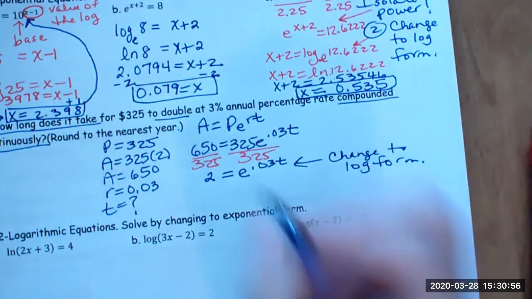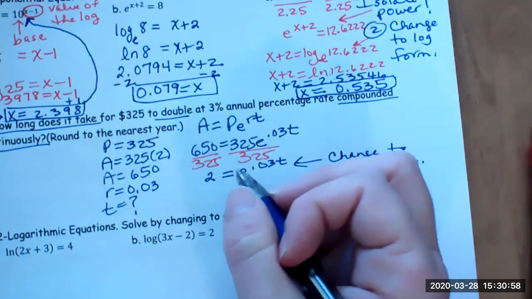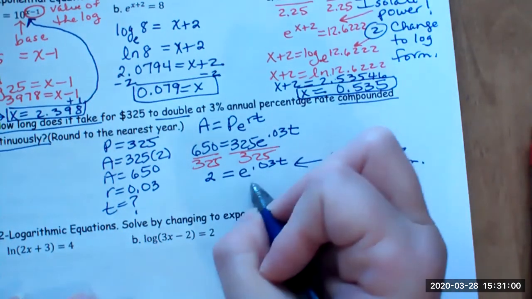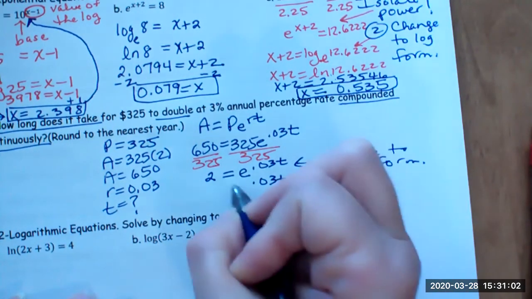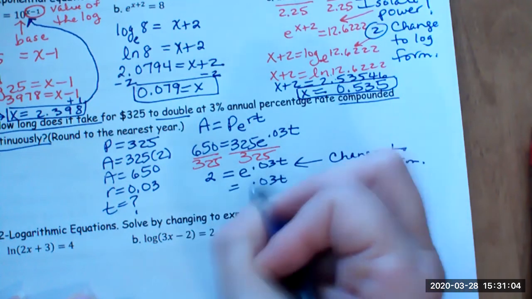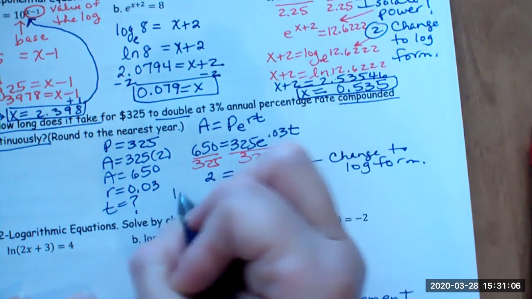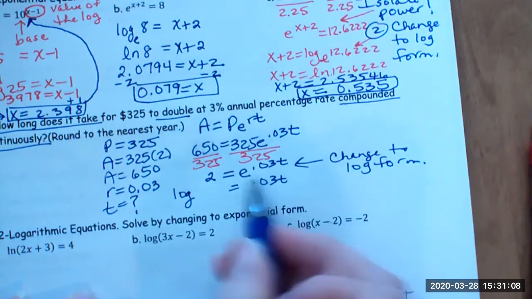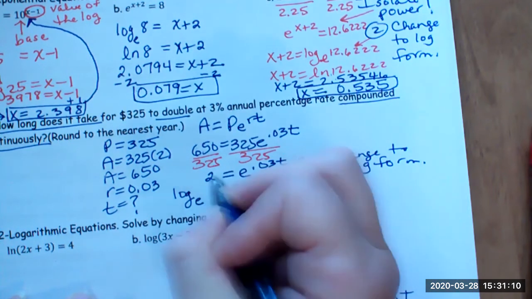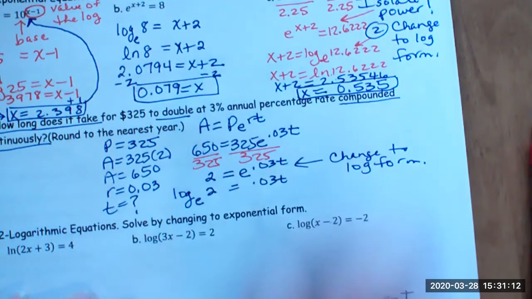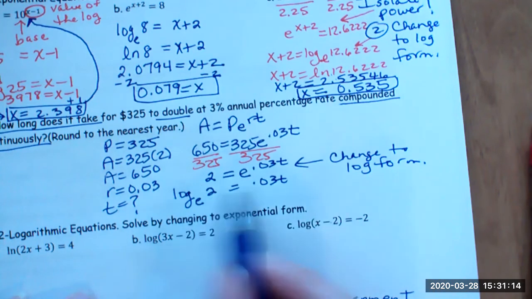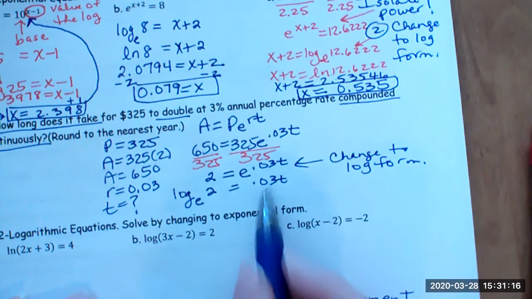I can write 0.03t, to isolate that exponent, equal to log. The base is e, and the number I haven't used yet is the 2. So log base e of 2 is equal to 0.03t.